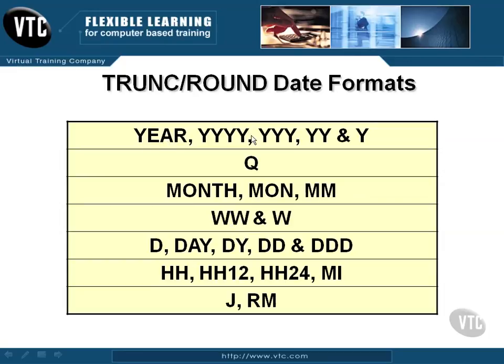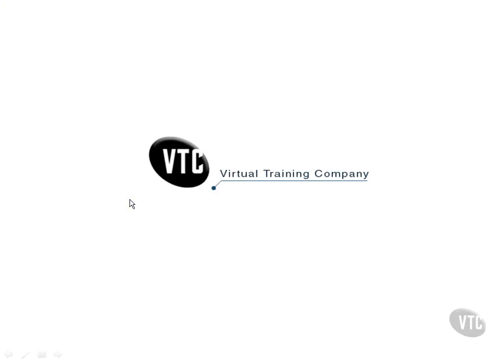These are all the formatting options for the trunc and round functions, allowing you to express days in different ways, such as a 3-character month name, a quarter number, a full month name, the name of the day, the hours in the day expressed as a 24-hour clock or a 12-hour clock. Most of these are fairly self-explanatory.